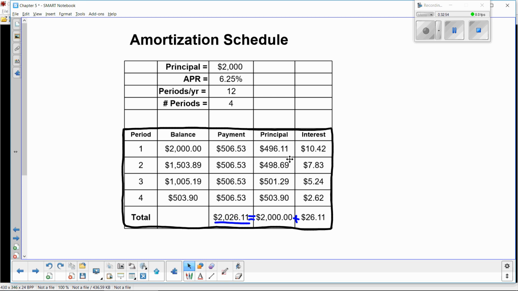So the mix of these two changes. The part of your payment comprised by principal increases. The part comprised of your interest decreases as you go. That's very, very important.